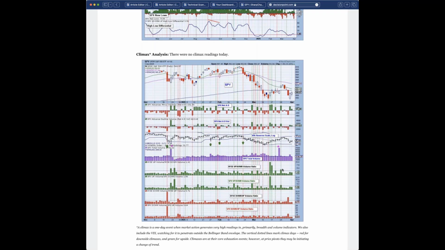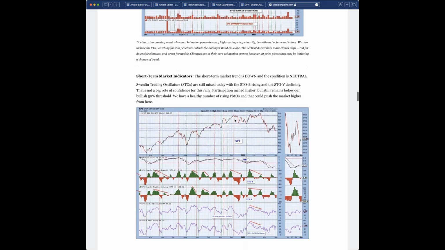We had both up-down volume ratios for the SPY and New York Stock Exchange above the threshold readings. And this came at the top of a rising trend. And to us, it spelled an upside exhaustion climax. So we were expecting lower prices from here. We ended up getting that.